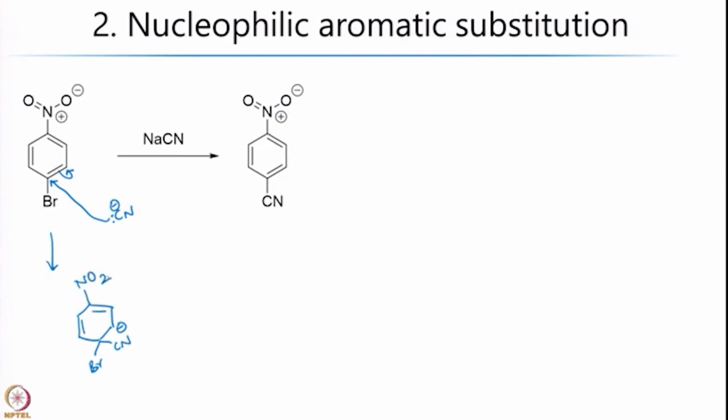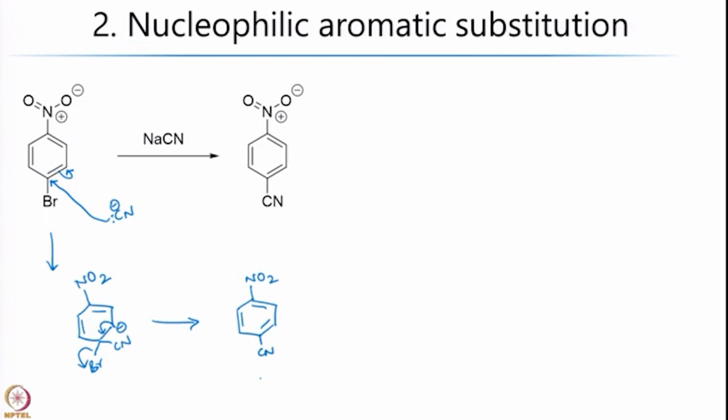So, this is what one would expect to get as the intermediate. So, once this happens, then what typically happens is that this negative charge floats back in, and then you have a loss of Br minus, and that would lead to your product. Right. That would lead to the desired product.